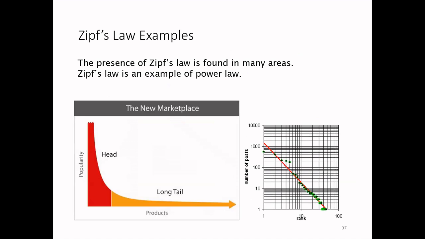Why did I mention Gibbs law? The reason is that Gibbs law is found in many areas. This is an example of a law which is known as the power law.